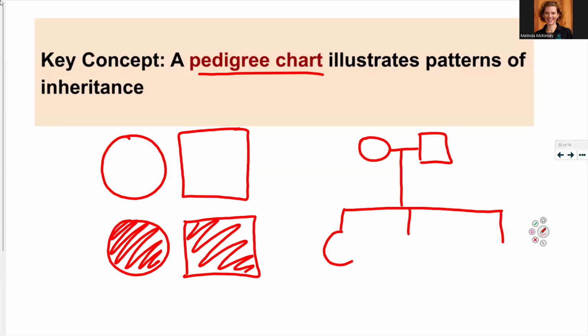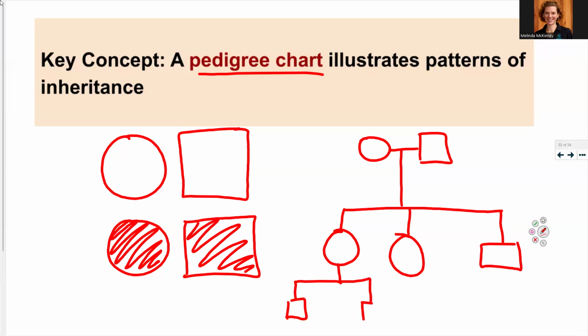So let's say they have two girls and one boy. Okay. And maybe one of the girls then has two boys. So you've got three generations here, the parental generation, your first filial generation, and your second generation. Or the parents, you can think of them as grandparents, parents, and grandkids.